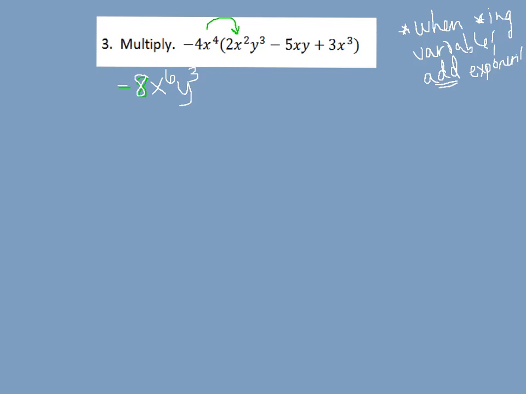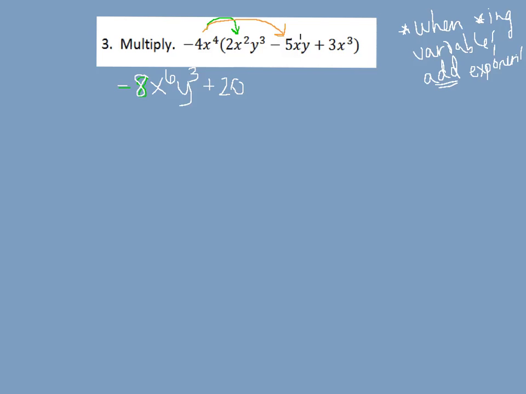Now I'm going to go through and I'm going to multiply this negative 4x to the 4th times my middle term. Okay, so negative 4 times negative 5 is positive 20. X to the 4th times x, well, if you remember, there's a little teeny tiny 1 right there on the x. That's the exponent.